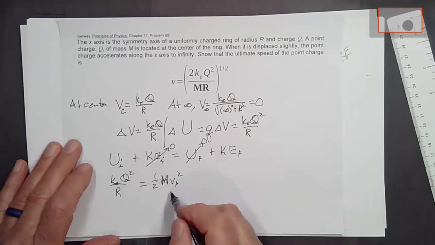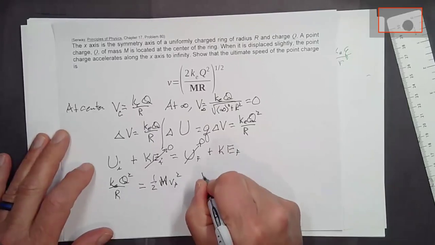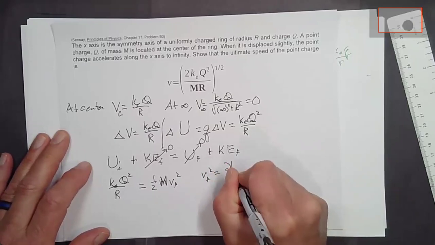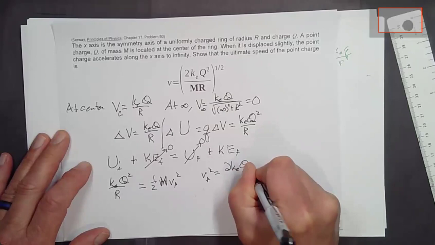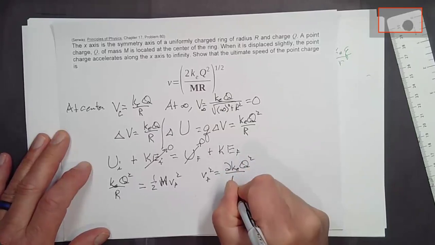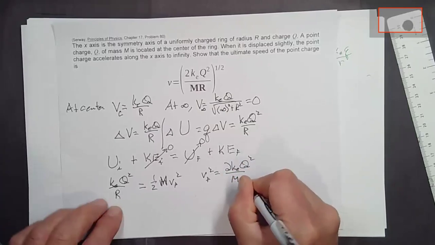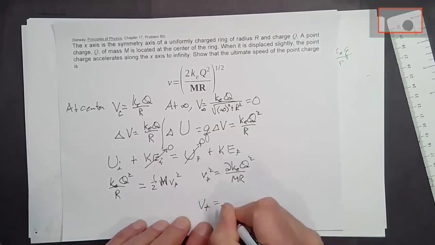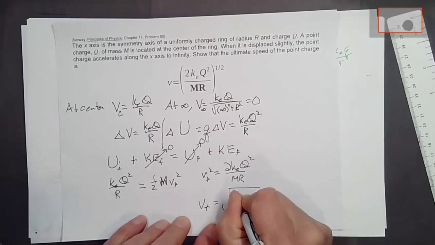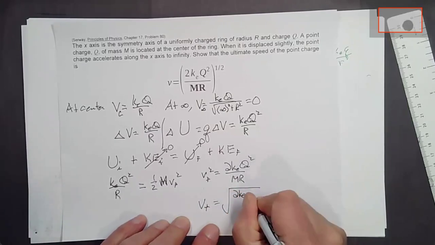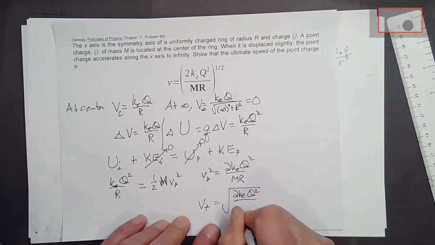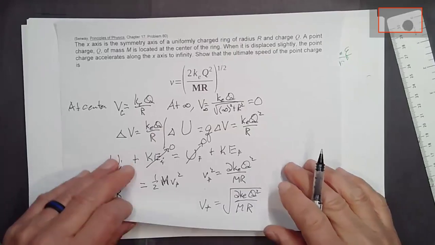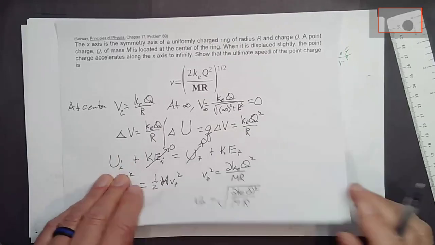Multiply by 2, divide by M, and I would get v final squared is equal to 2 K sub E Q squared over capital M R. And v final is just the square root of that, like I was supposed to show: the square root of 2 K sub E Q squared over capital M R. So this is playing around with these ideas a little bit.